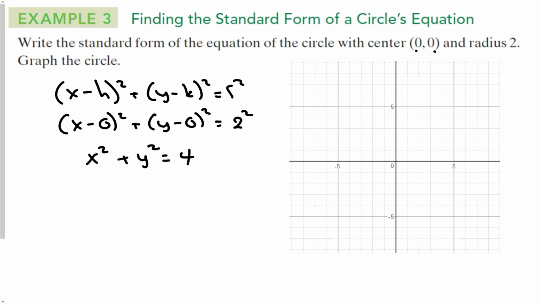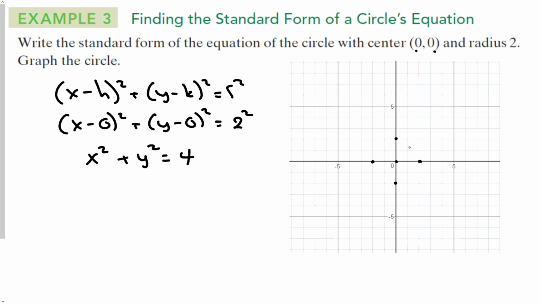To graph this, I'm going to start with the center. The center is at the origin here. Now, I know that every point has to be 2, which is the radius, away from the center. I know that's 2, I know that's 2, and that one, and that one.